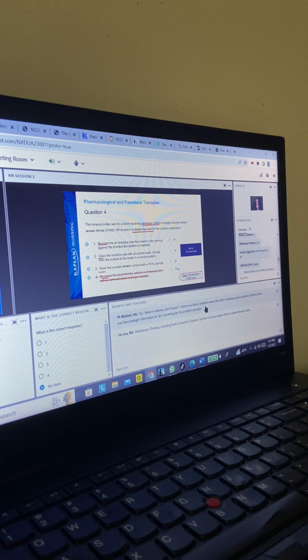Is number 1 the most important thing to do? Well, let's think about it. If I have a central line dressing and it's kind of rectangular shaped, and let's say that the line went into the patient in this direction, okay? If you're looking at my picture here, you can see the arrow is pointing the direction that the line was inserted, and number 1 is suggesting to remove the dressing in the opposite direction.